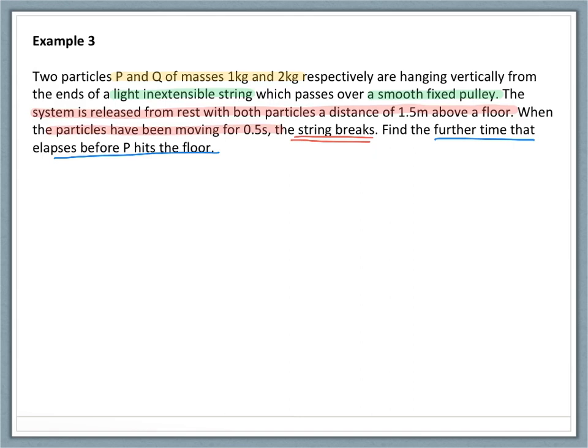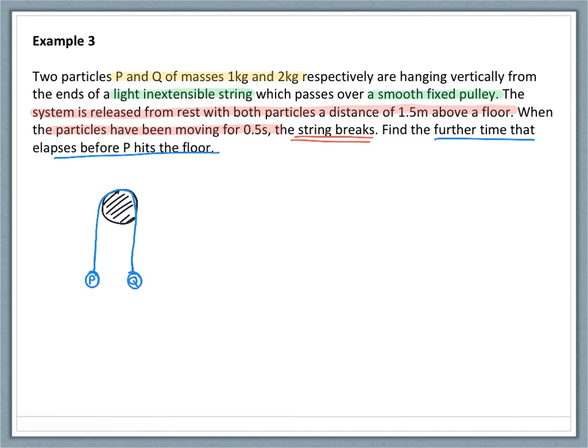We need a very clear force diagram to start with. Here's the pulley. Shade it in. Let's have a string passing over the pulley, and I'll attach P and Q to the ends. It doesn't really matter which way they are placed, as long as we've labelled them clearly and we know which is which.